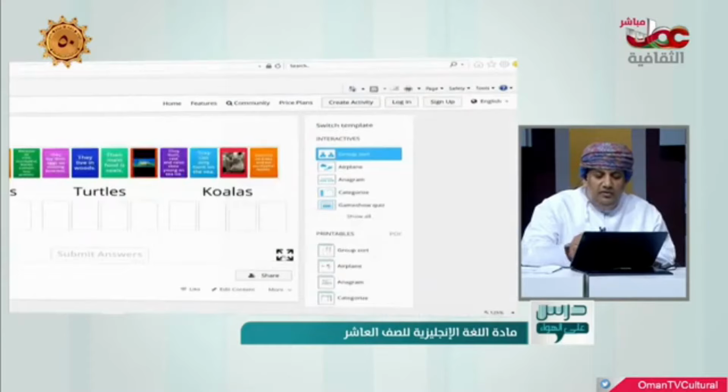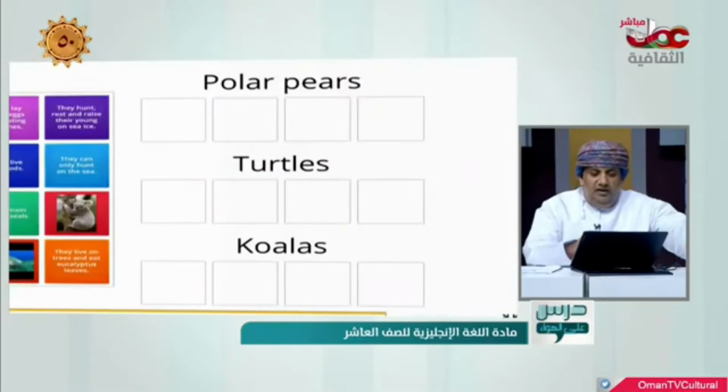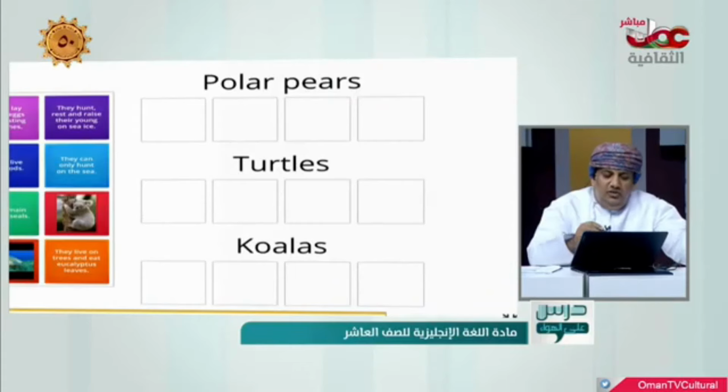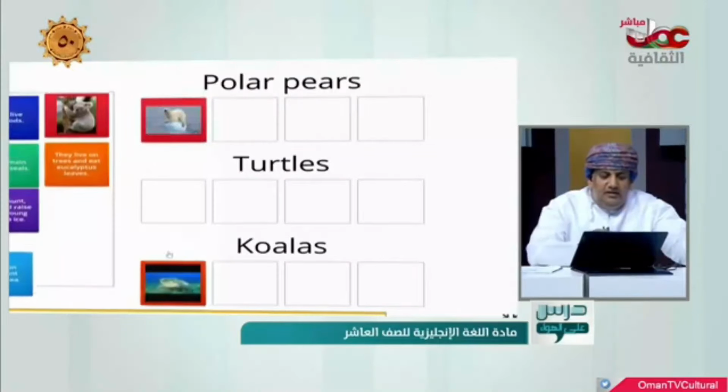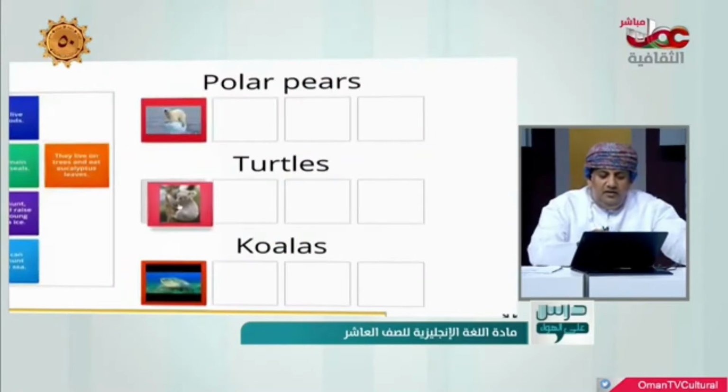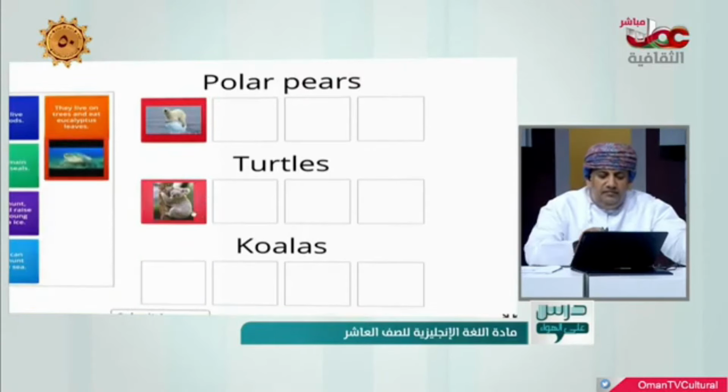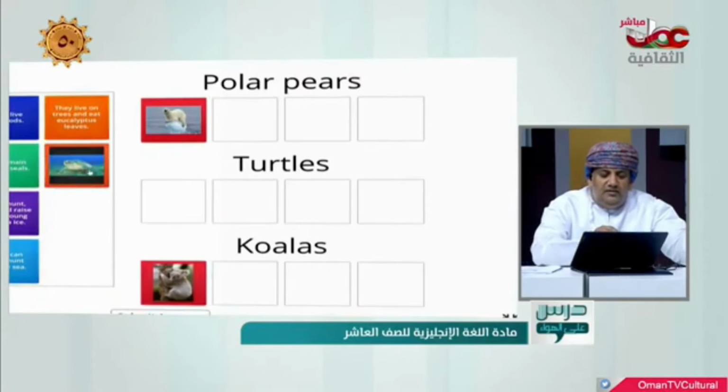Now we are going to match the words to the animals and pictures. So as you can see here, the polar bear is here, the turtle is here, and the koala is here.